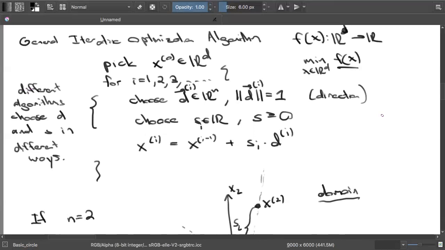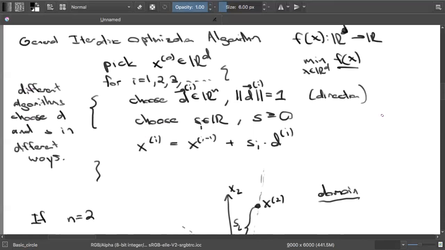I'm in multidimensional space. Yeah, why the gradient? So our first choice is going to be to choose D as the gradient.